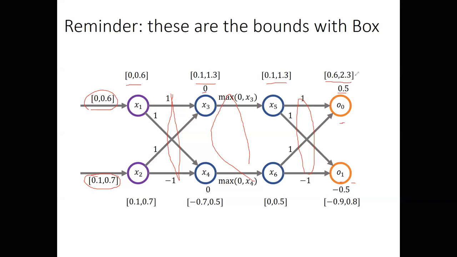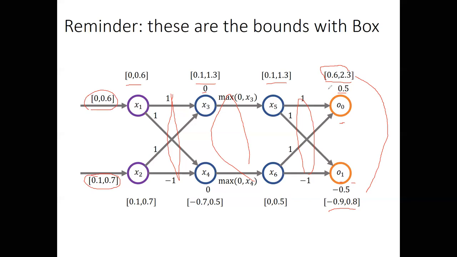If you look at these intervals, when we were using just interval analysis, these ranges, 0.6 to 2.3 and minus 0.9 to 0.8, as you recall from the previous lecture, but you can also see it here, the intersection is non-empty.